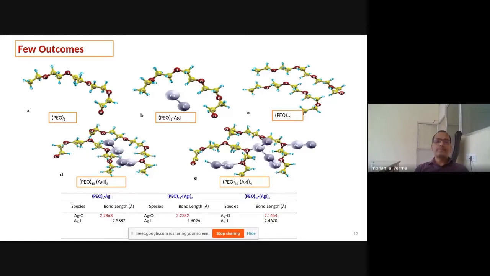So here also we tried the same, but we have limited computational facility, so our studies were limited to PEO10 AgI4. And what we observe here is that when we dope AgI, we see the change in its bond length as well as band gap.